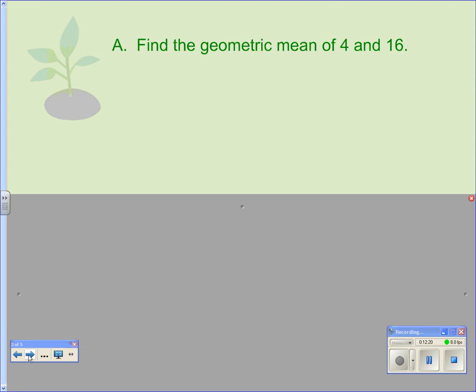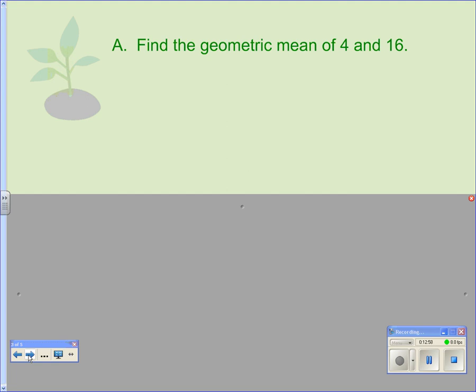All right, so find the geometric mean of 4 and 16. Any ideas what the geometric mean would be?